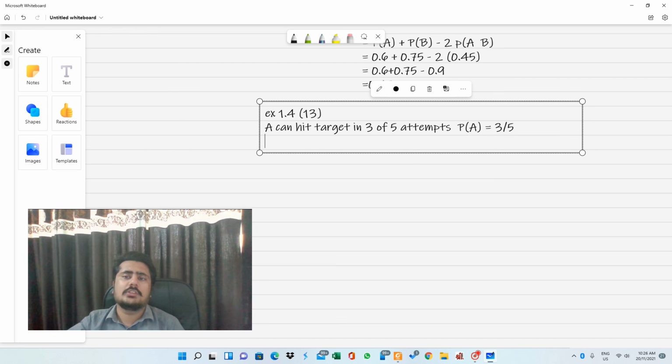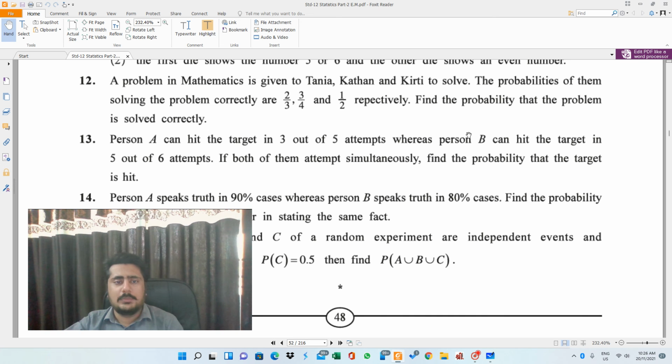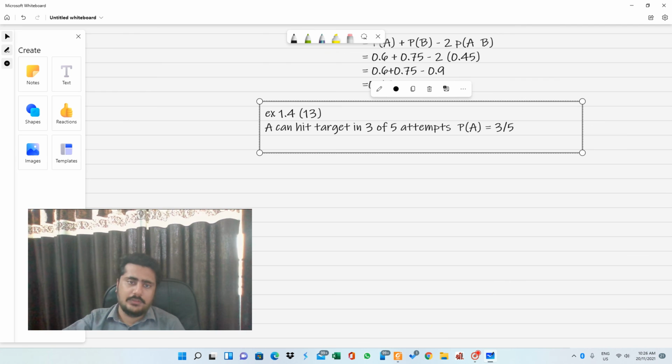That means P of A is obviously 3 by 5. B can hit the target in 5 of 6 attempts.